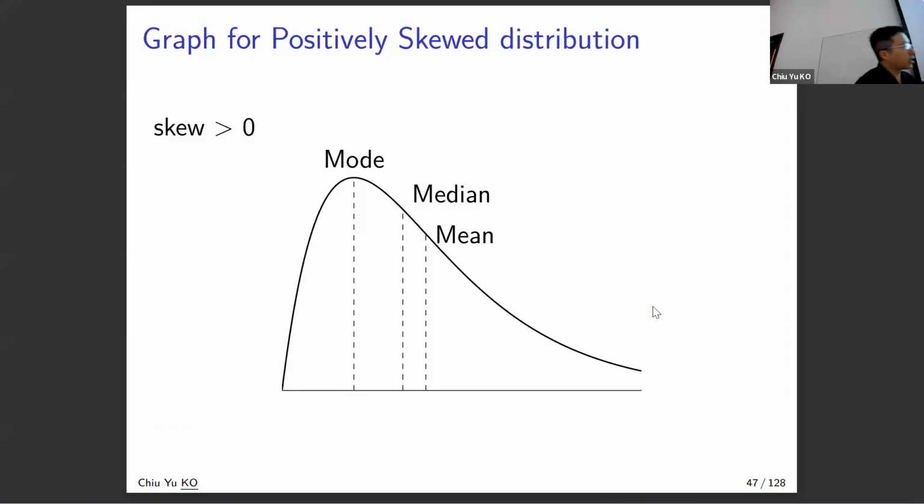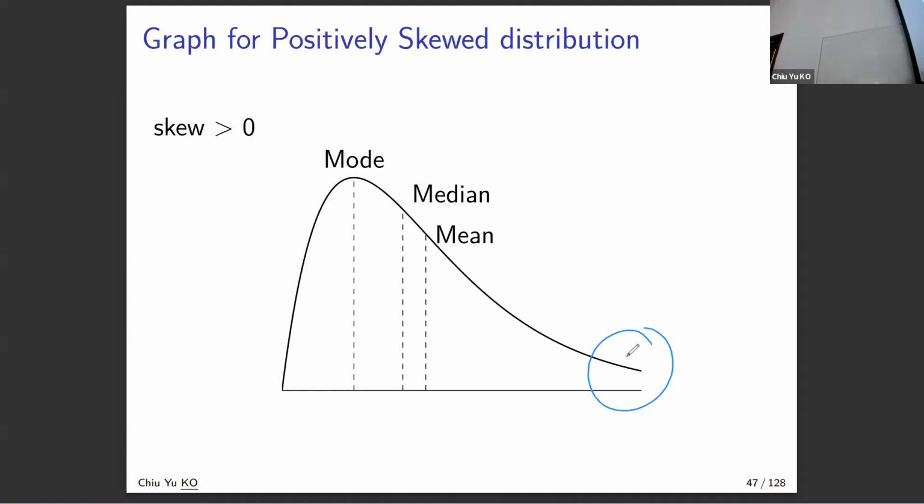And in the case of positive skew, this is a good figure, and you wonder why this is positive. One idea: the mean is here, and this value is far away from the mean compared to this, where there's nothing. And this is raised to the power 3, and this makes the number very big.